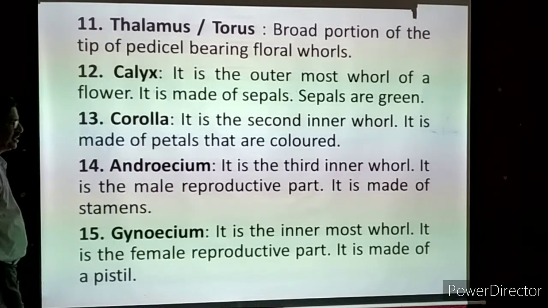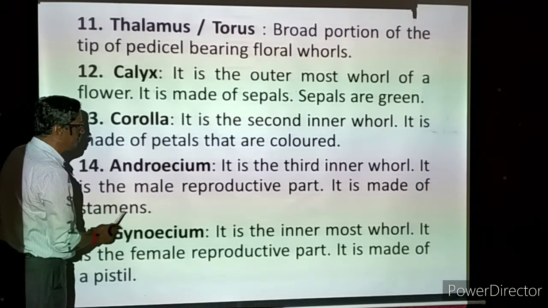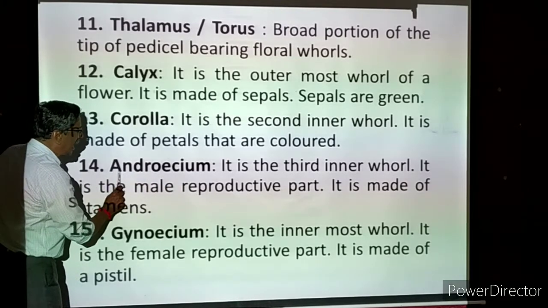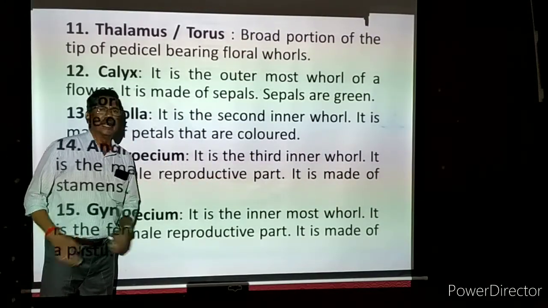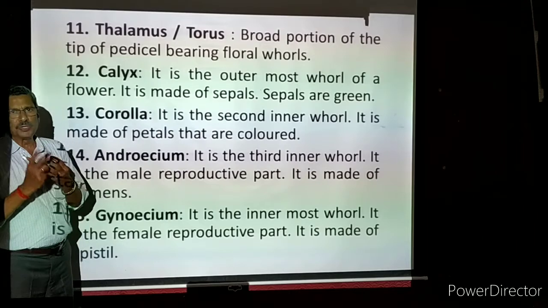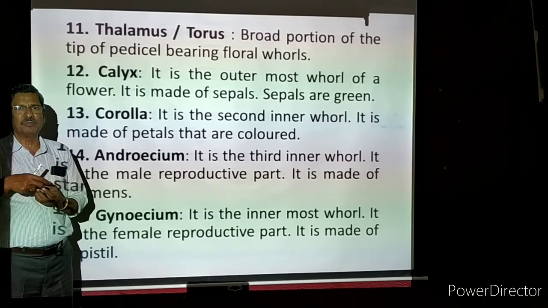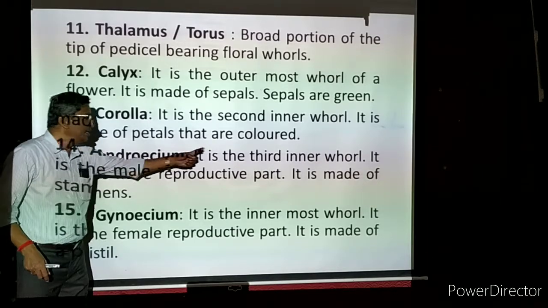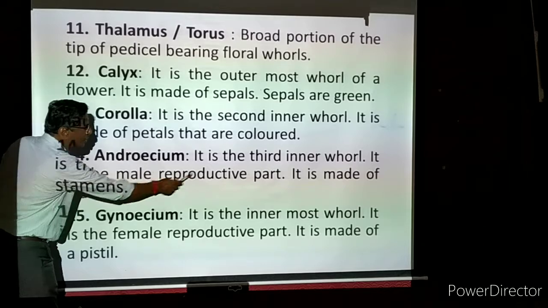Androecium, we are going to see. See the spelling for that. Androecium. Okay, O is silent. The androecium is the third inner whorl. Actually, outermost whorl is the calyx. Next whorl is corolla, made up of colored petals, and the third inner whorl is the androecium. It is the male reproductive part.